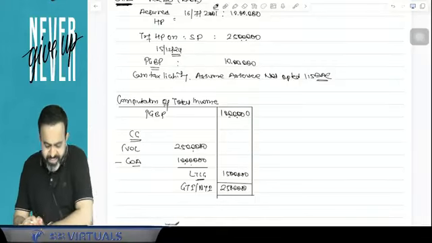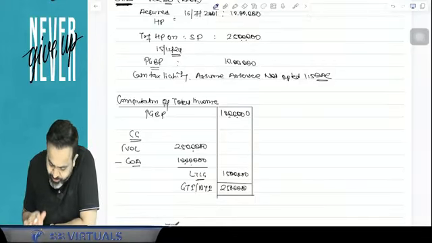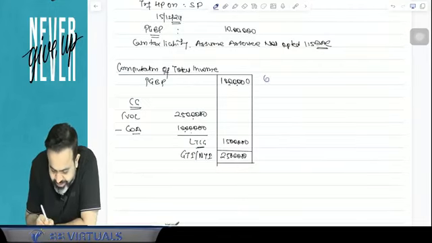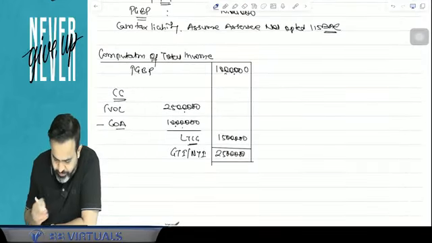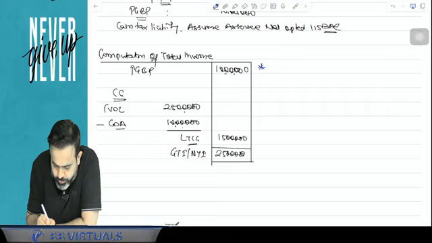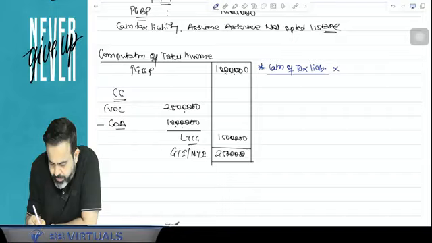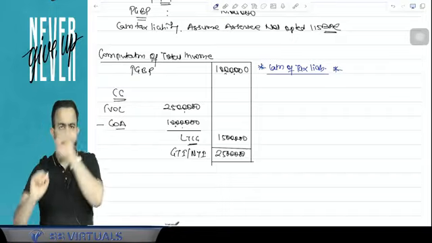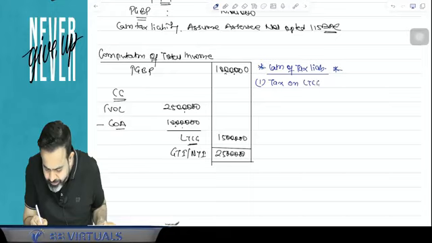Now how will you calculate the tax? So while calculating the tax liability, first is tax on LTCG.